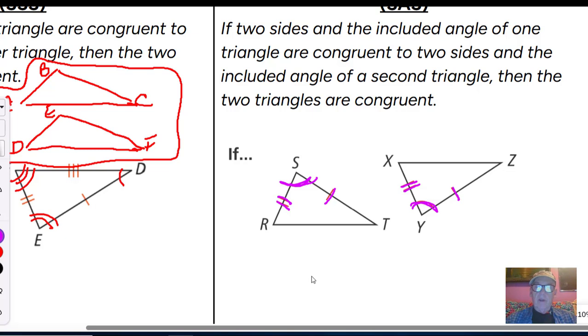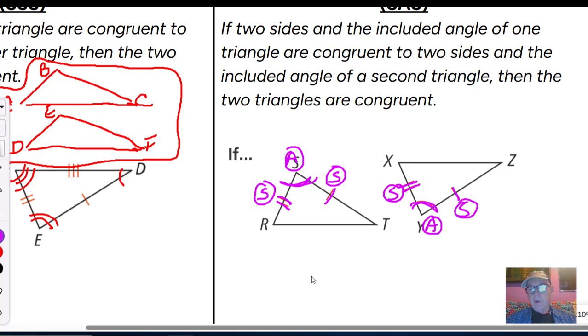So here we have side, angle, side patterns. Notice that both of these patterns, in order, as we read around, go SAS.